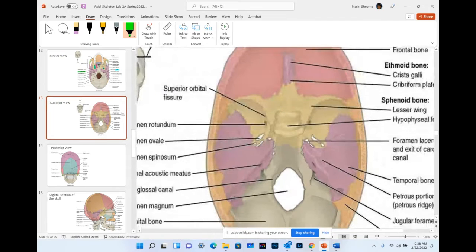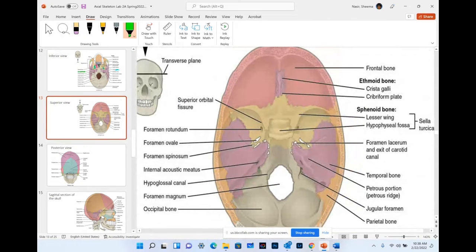So here, this butterfly-shaped bone that you are looking at, this is your sphenoid. And the part in the middle of the sphenoid, this is your sella turcica. That is where the hypophysis, which is the pituitary gland, sits. So that is your sella turcica.